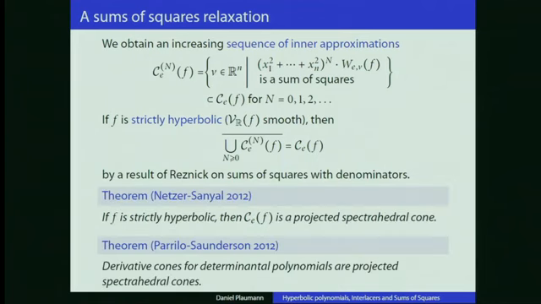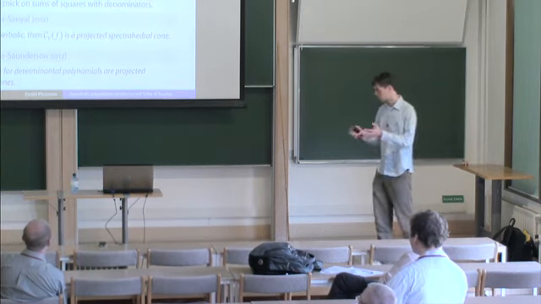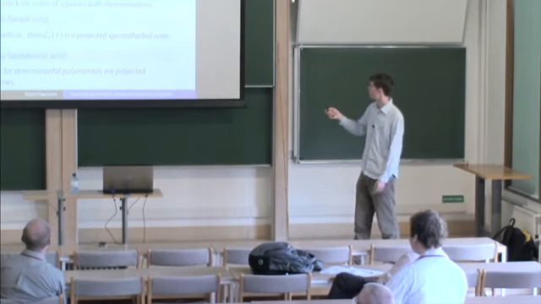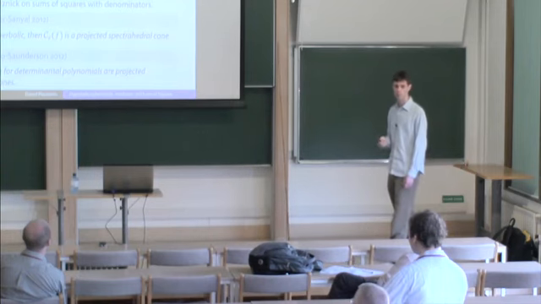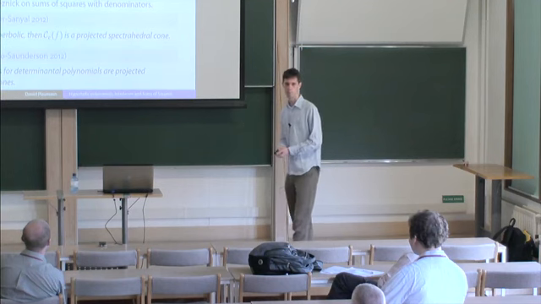On the one hand, there's a result of Netzer and Sanyal, which also says if f is strictly hyperbolic, then in fact it is a projected spectrahedral cone, so a spectrahedral shadow. And this follows from general representation results under smoothness assumptions. So on the one hand, it's much less explicit than this family of Wronskians. On the other hand, in the smooth case, you have guaranteed finite convergence at some point.